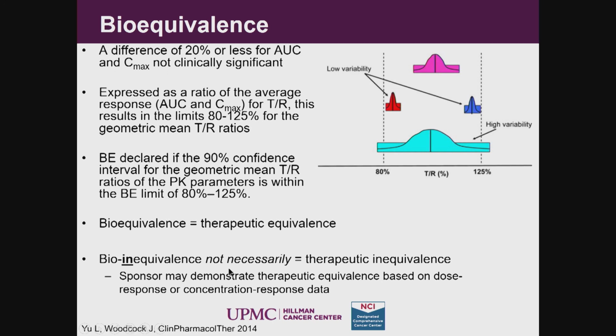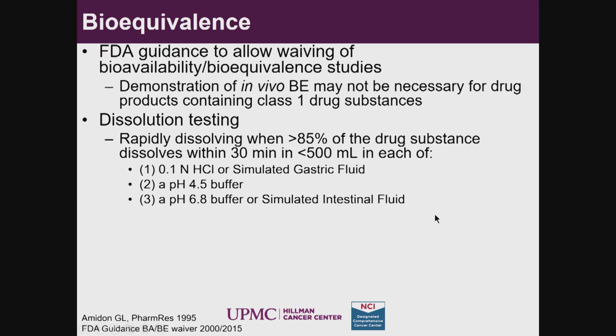If the sponsor has data that the dose-response curve is not too steep, then these exposure differences with 2 formulations may not result in clinically relevant effects. So the FDA guidance does allow for the waiving of these bioavailability or bioequivalence studies if a compound has been shown to be a BCS class 1 drug.